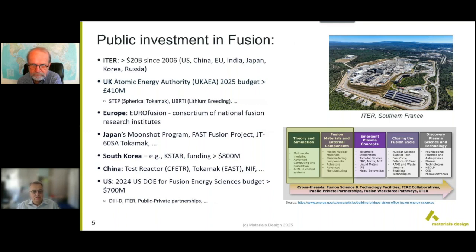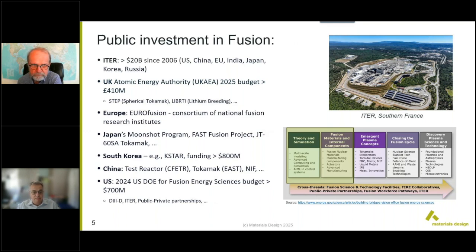But individual countries, of course, are also heavily investing. The UK Atomic Energy Authority, for example, with its STEP and Liberty programs, is investing £410 million just in 2025. Europe, through the EUROfusion Consortium of National Fusion Research Institutes, is investing heavily. Japan has several fusion reactors and fusion projects ongoing through the Moonshot program.